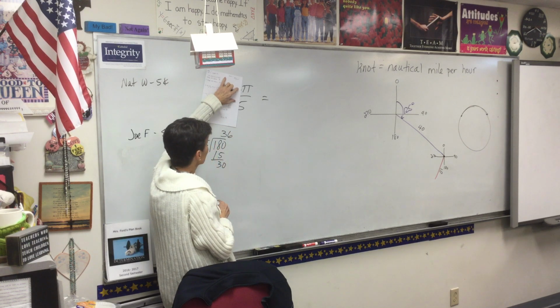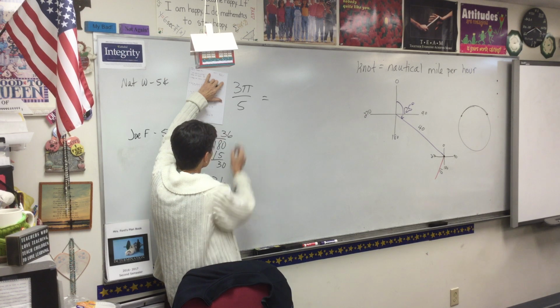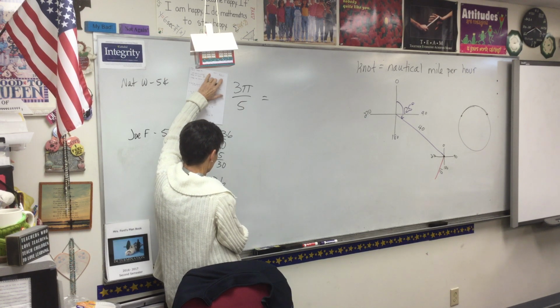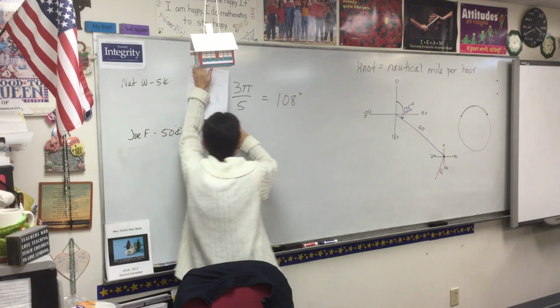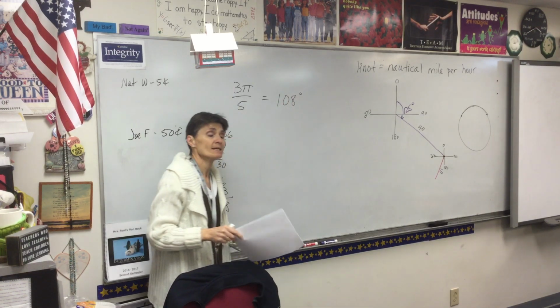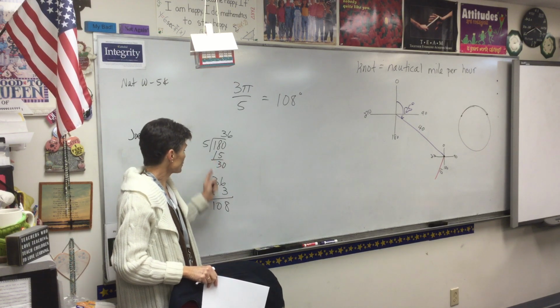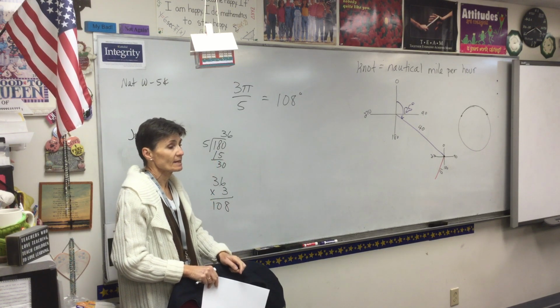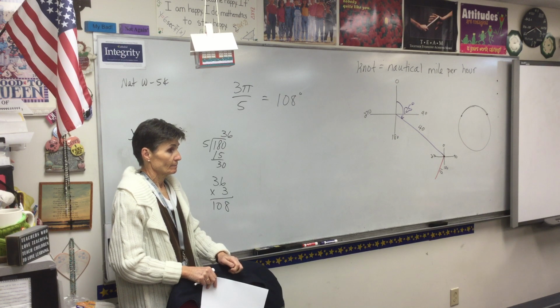And then take 36 times 3. So the answer is 108. Mrs. Ford, you expect me to do it without a calculator? Yes, I do, boys and girls. We can do simple division and multiplication. I promise it's not going to be some wacky decimal. Are we okay with that?